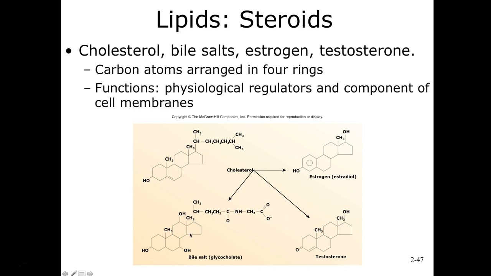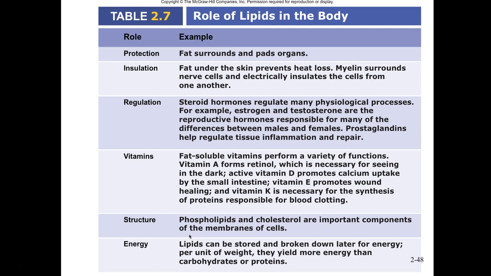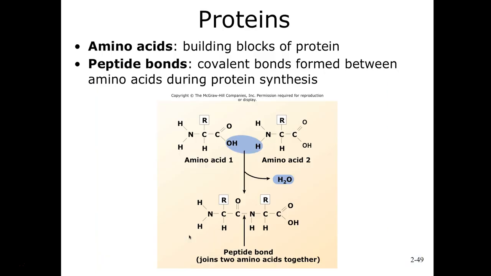So we know that our hormones are going to help to regulate our body. Bile salts will do that as well, and we'll get more into detail in our endocrine system and digestive system on those. And here's a summary of all of the functions that lipids do for our body. So I'll let you read that on your own. If you have any questions, please reach out.